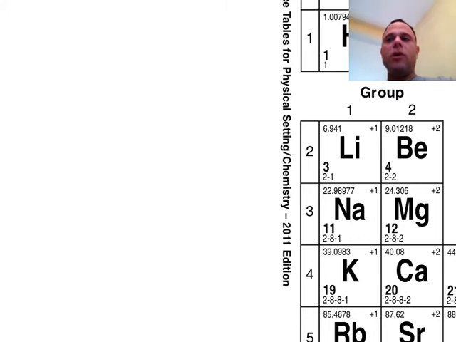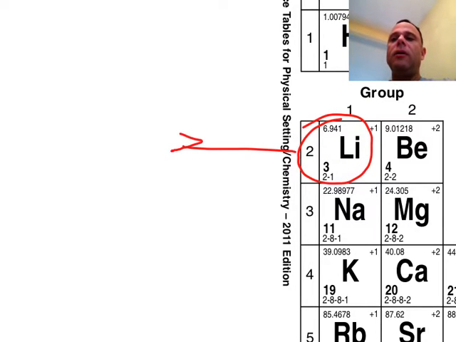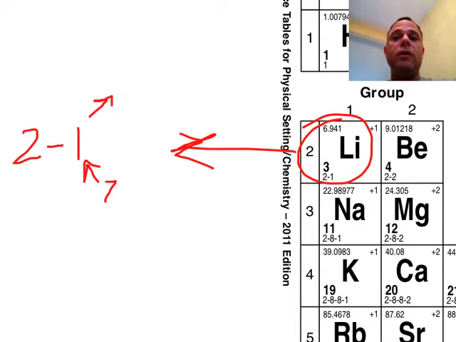So let's explore this concept of the octet rule by looking at a few group 1 metals and perhaps a group 2 metal. But let's first start with lithium. Lithium has an electron configuration of 2, 1. Now you have to consider which is easier to achieve stability in the outermost shell, gaining 7 or losing the 1.